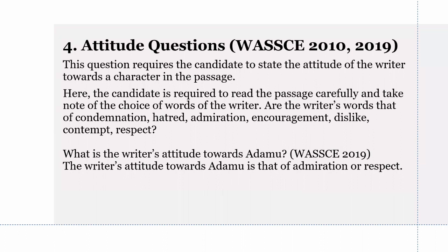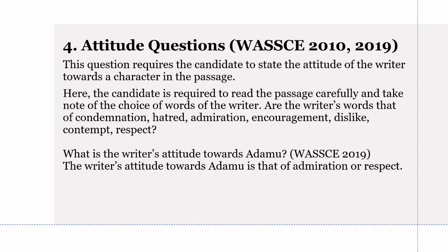Now, let me take an example with 2019, where the writer wrote about a particular character called Adamu. Adamu's mother died when he was very young, and his father was too poor to take him to school. But then the father married a wife who did not care for Adamu.